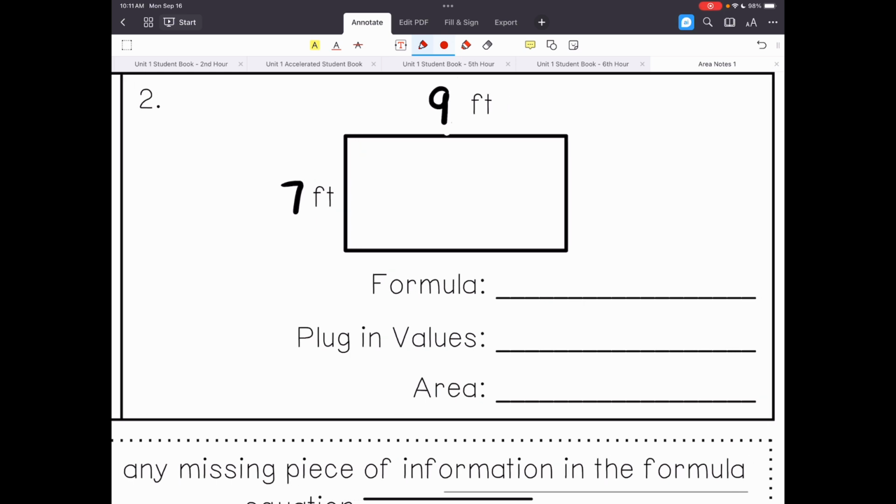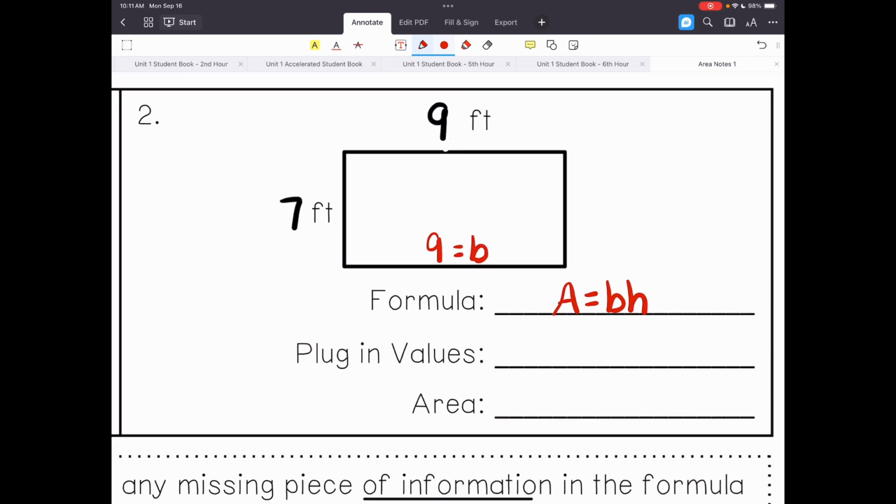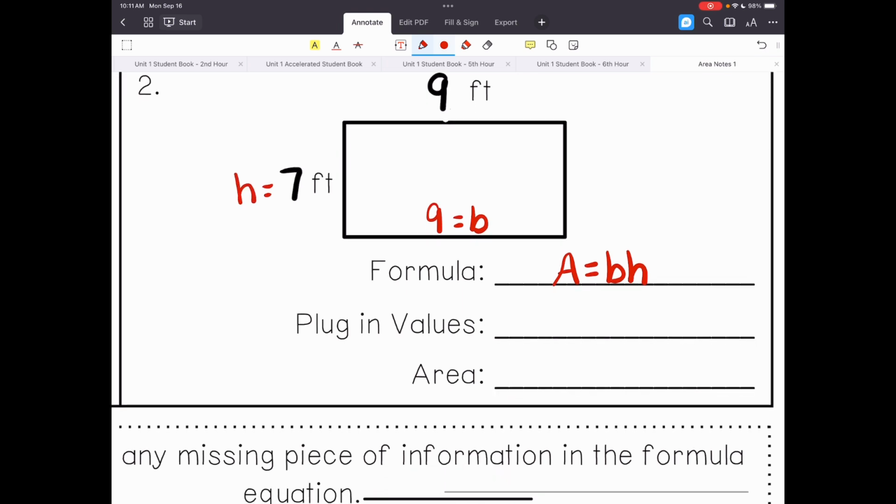Okay, let's go on to number 2. So number 2, we're gonna use the formula for a rectangle. We're gonna do base times height. My base, again, opposite sides are equal, so my base at the bottom is 9, and my height is 7. So we're going to plug that into our formula.